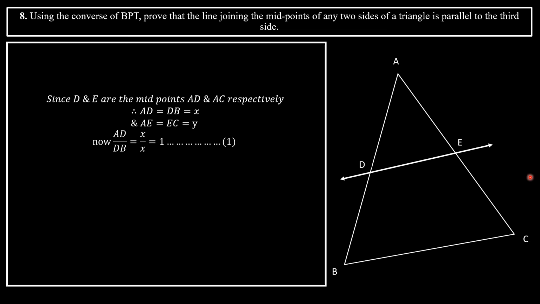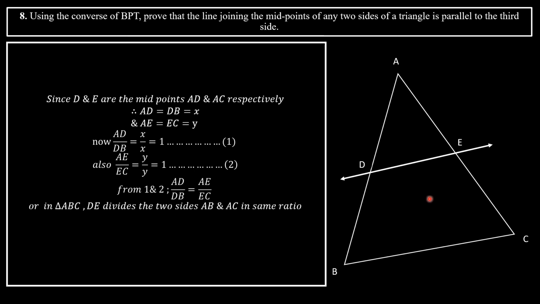Now AD upon DB is equal to x upon x, that is equal to 1. Also AE upon EC is equal to y upon y, that is equal to 1. So from these two equations we see that both the ratios are the same. AD upon DB and AE upon EC are the same, meaning in triangle ABC, DE is dividing these two sides in the same ratio.